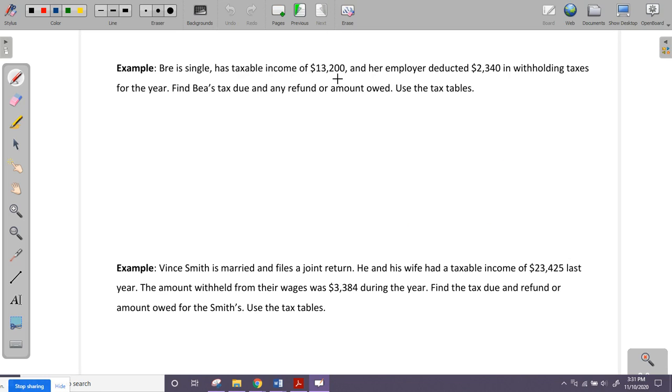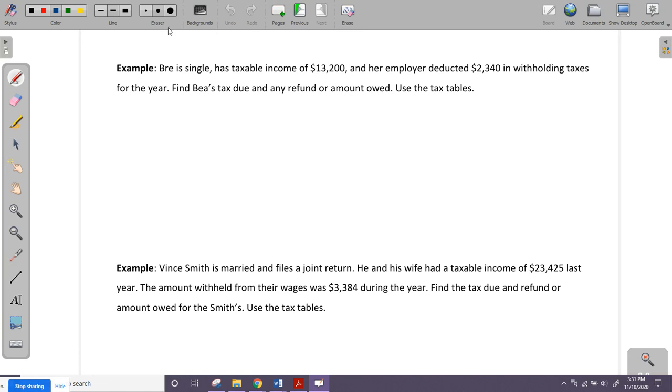Bree is single and has a taxable income of $13,200, and her employer deducts $2,340 in withholding taxes for the year. We need to find Bree's tax due and any refund or owed amount. So we're going to have to refer back to those tax tables.